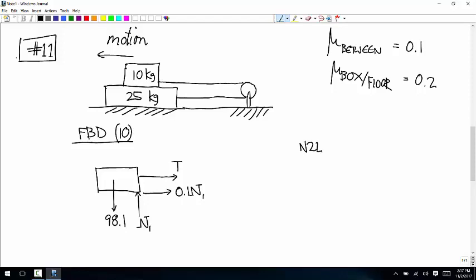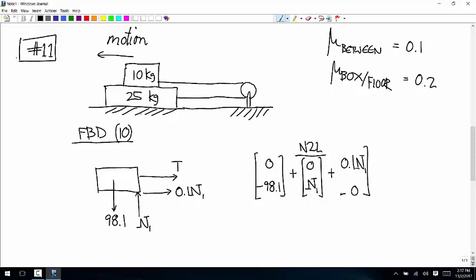So then Newton's second law says: (0, negative 98.1) plus (0, N1) plus (0.1 N1, 0) plus (T, 0) is equal to the mass times the acceleration.